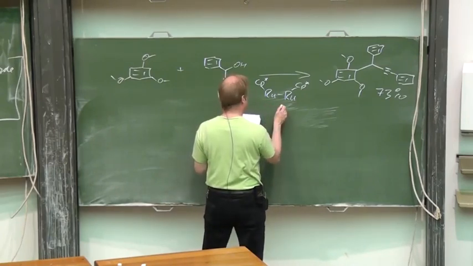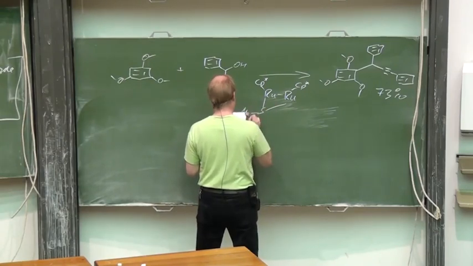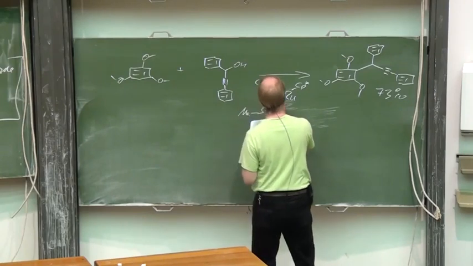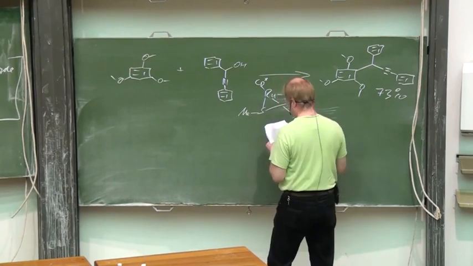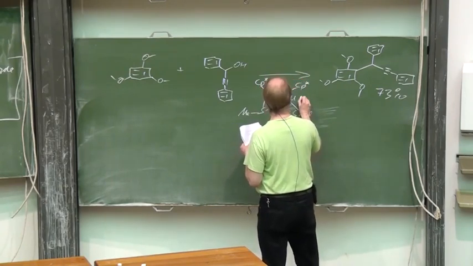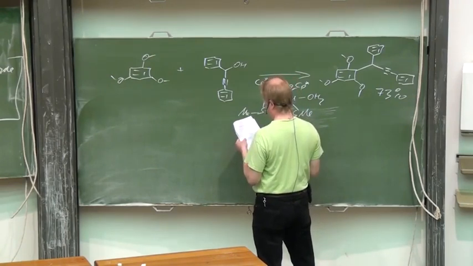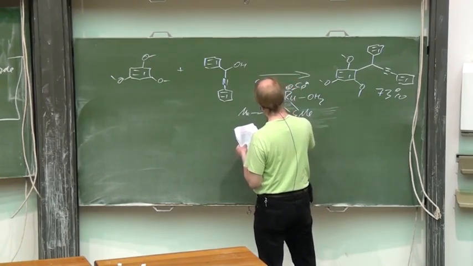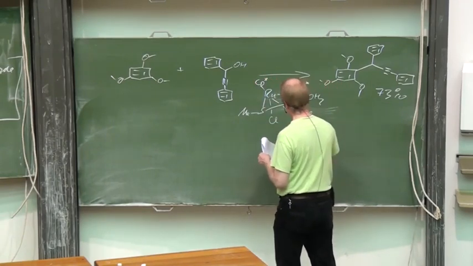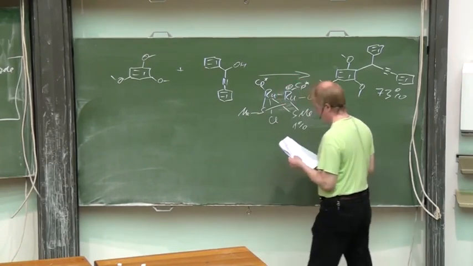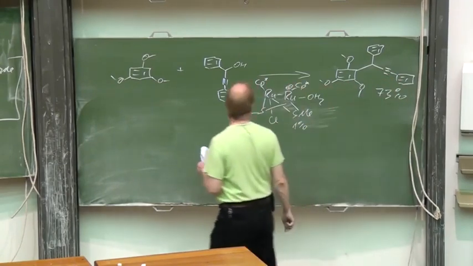Well, this cluster is stabilized by thio bridges. Very impressive catalyst. 1% of that is enough for getting that 73% yield.